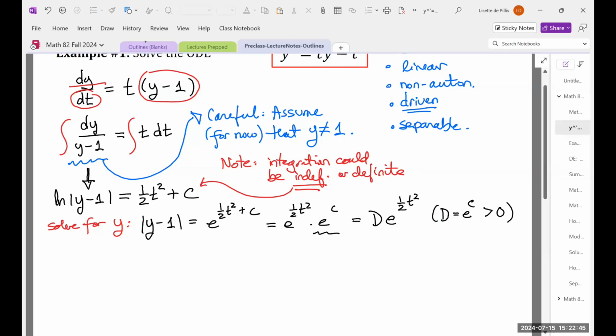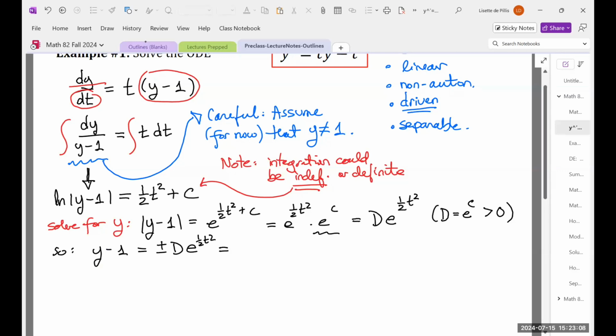That's not going to be a problem because watch what happens. Now I'm going to take the absolute value signs off. So y minus 1 without the absolute value signs is plus minus d e to the 1/2 t squared. But with a plus minus positive d, why don't I just call it something else that can just be plus minus?